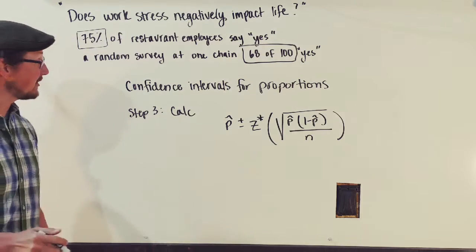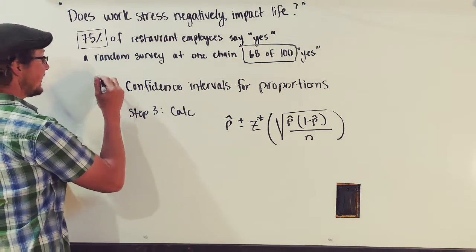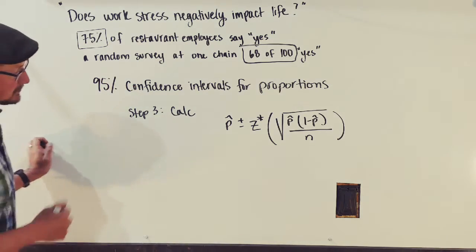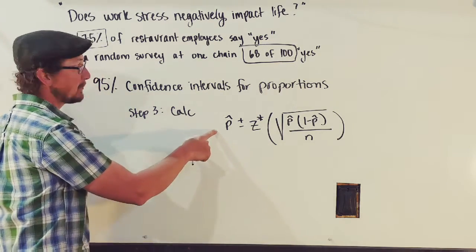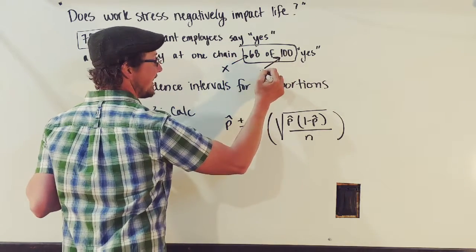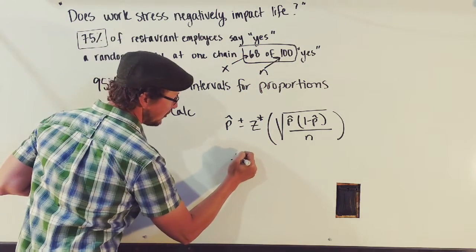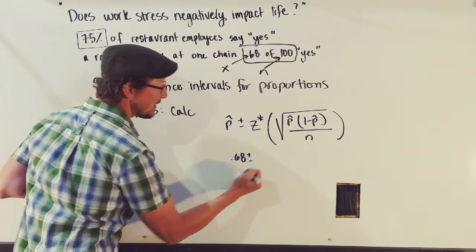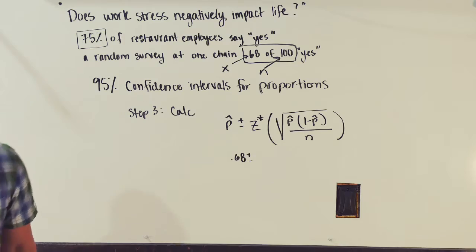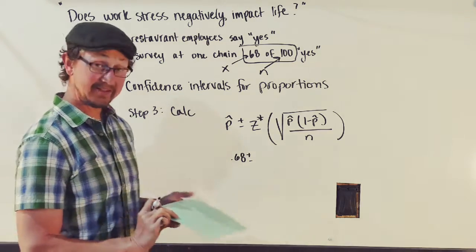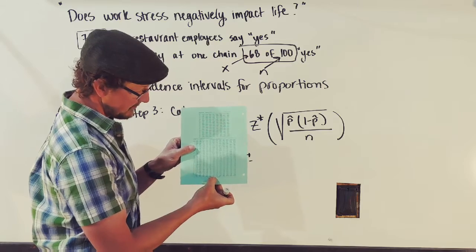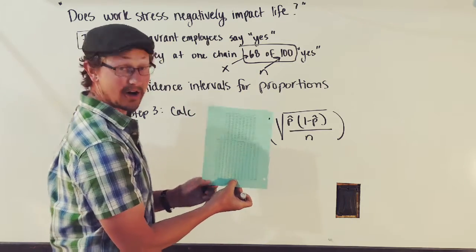So let's drop some values in. Let's do a 95% confidence interval. So p hat, that's my sample proportion. Again, that's x divided by n, so really easy, 0.68, plus or minus z star. For a 95% confidence interval, you can find on your green sheet, your table C, if I'm looking up a 95% confidence level down to the bottom, we see that's a z star of 1.96.